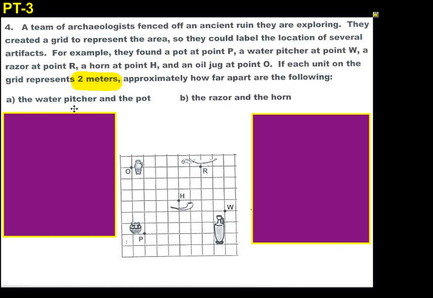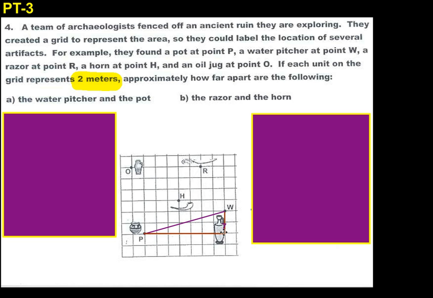So we need to do the water pitcher and the pot. So water pitcher is going to be the W, pot's going to be the P, and we need to connect those with a line like that. Now we also then need to create 2 more sides to make this a triangle. And so if we come from the bottom and work our way out as far as we can go until we get to W and then connect W down, we'll have created a right triangle.